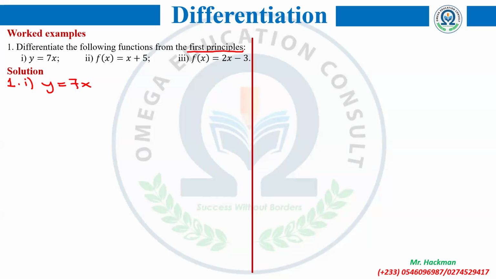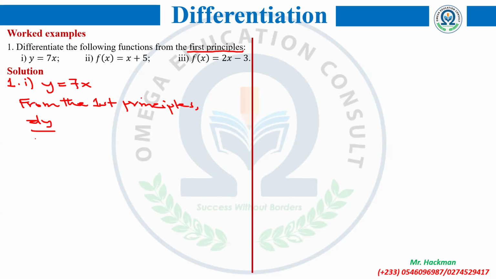So if I'm quoting the formula, that's the first principle formula, this is what I'm going to do. So I'll write from the first principle, comma. Now, because my function came as y, if I'm asked to differentiate this with respect to x, it means I'm finding d/dx of y, which will end up giving me dy/dx.